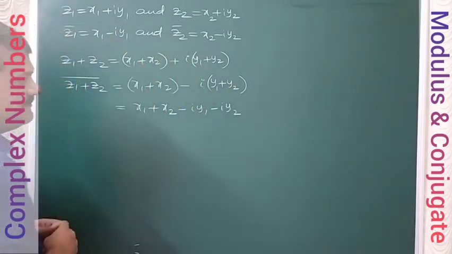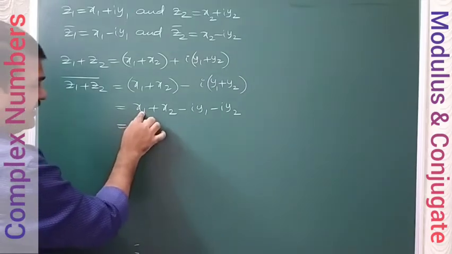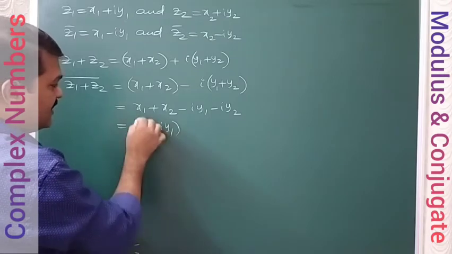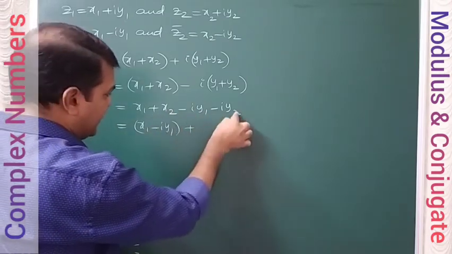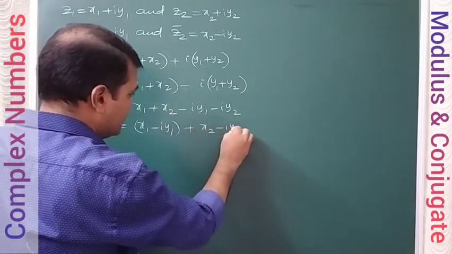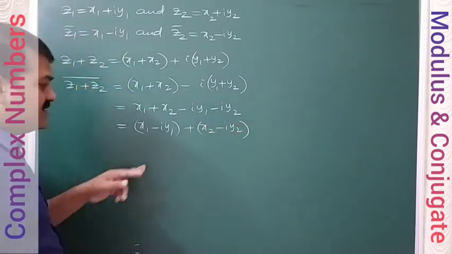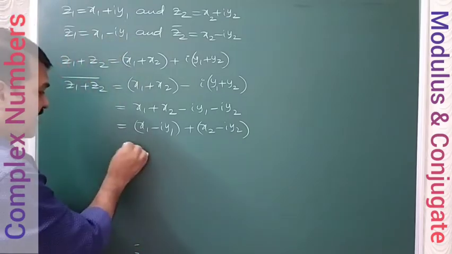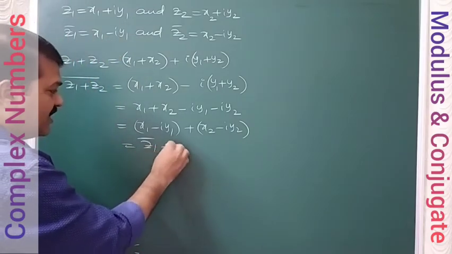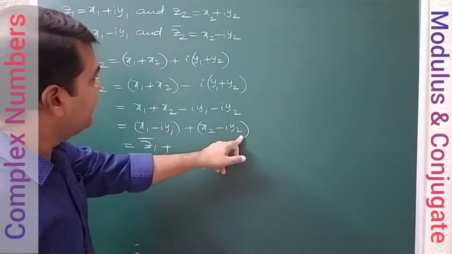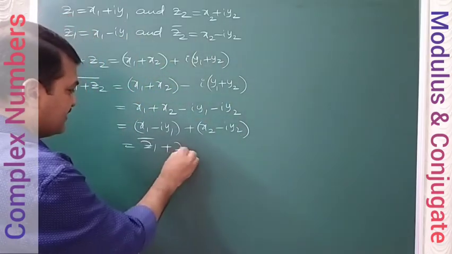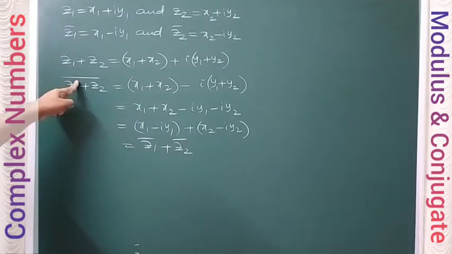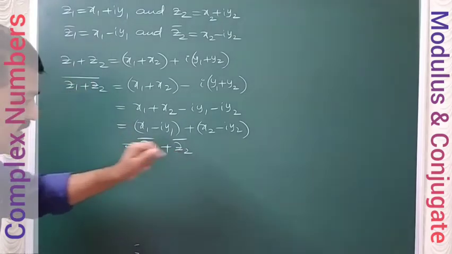So separate x1 minus iy1 and separate x2 minus iy2. What is this x1 minus iy1? z1 bar. Okay, x2 minus iy2, z2 bar. So what we are getting, (z1 plus z2) whole bar is equal to z1 bar plus z2 bar.